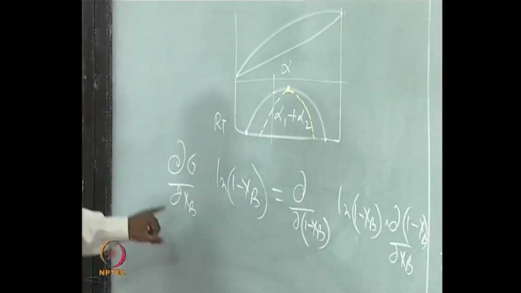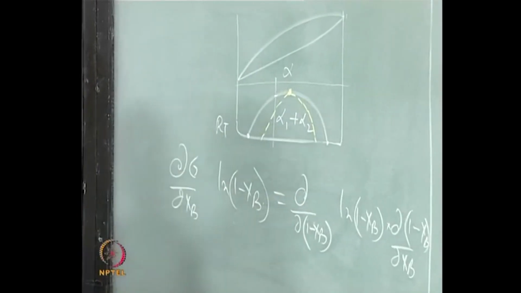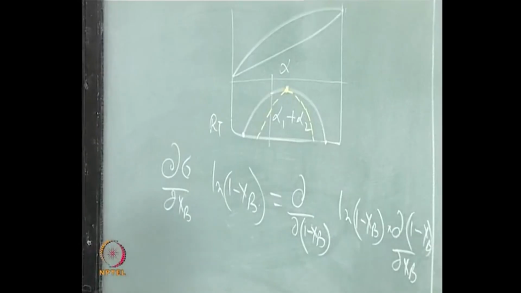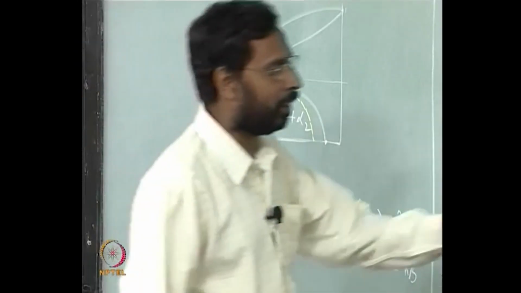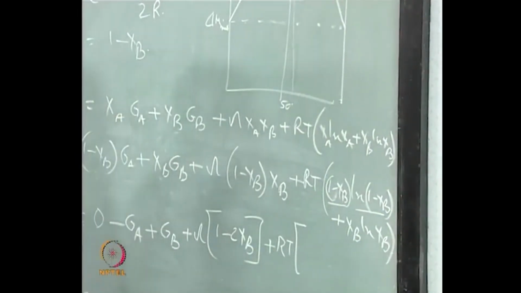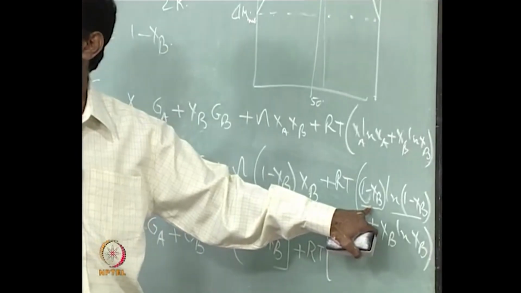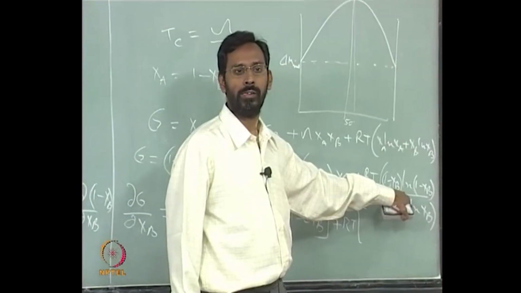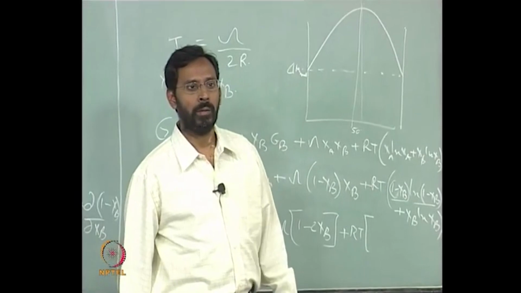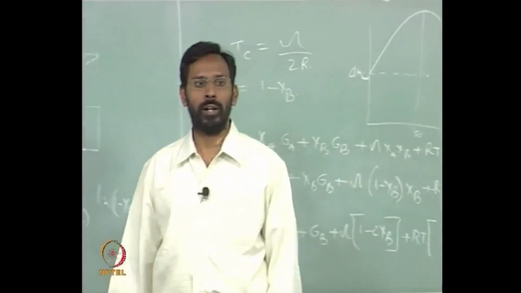So instead of dou by dou x b I will take dou by dou 1 minus x b. Once I do that, it becomes very easy, I will do it in two parts. First I can keep this and then the derivative of this will be what, minus 1, am I right? The derivative of 1 minus x b is minus 1.